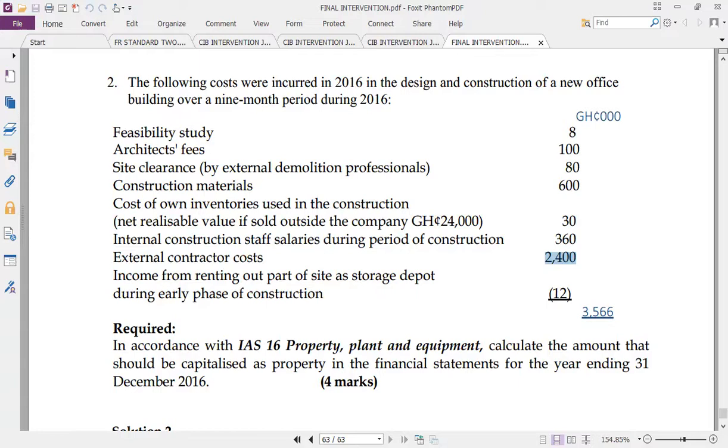Then I added back the 12,000 that is subtracted. I had 3,578. Then I subtracted the feasibility study of 8 from it. I had 3,570. Then again, there was a written down of the inventory. So I less 6. Okay, so it should be 3,564. Yeah, correct. 3,564. Perfect.